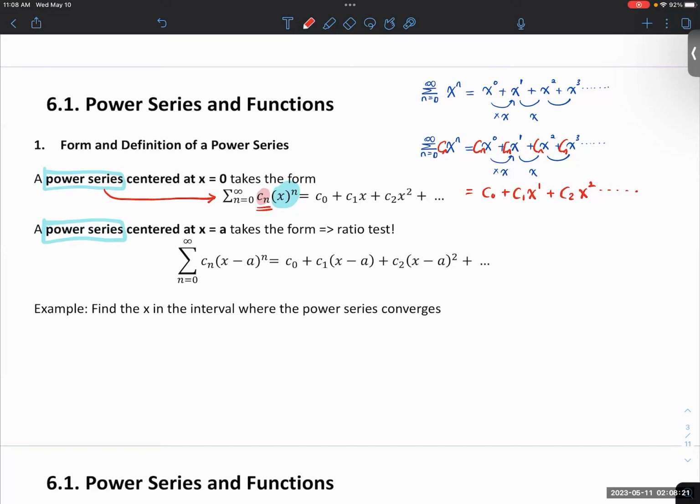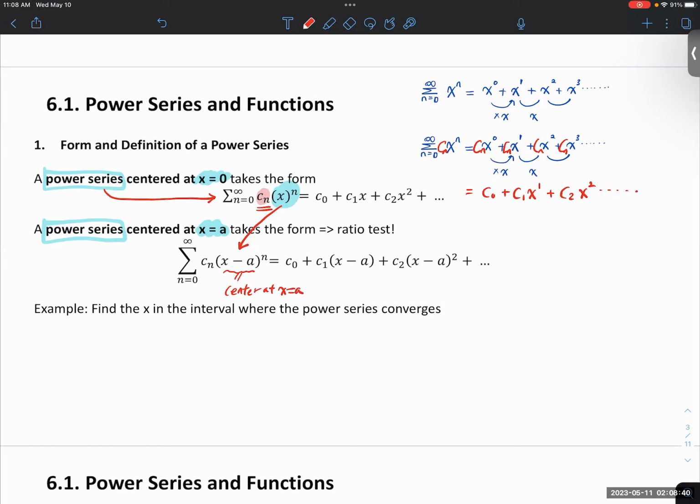What does it mean to be centered at x equal to 0 versus x equal to a? Here you can have different coordinate points. Instead of x, I'm going to use x minus a, which means the center is at x equal to a.